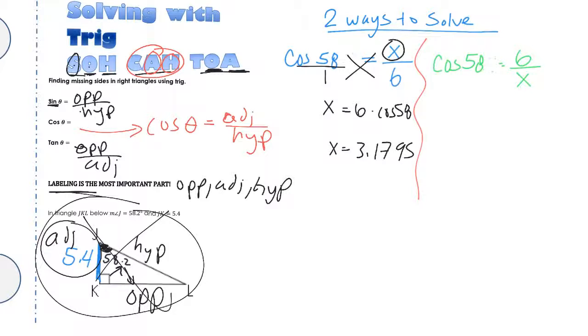Another example where we need to solve is if our x is in the denominator. Think about if we were trying to find the hypotenuse, because cosine is adjacent over hypotenuse. Now, when we cross multiply this one, something different happens. 6 times 1 is 6. X times cos 58. I want to solve for x, so I need to divide both sides by cos 58.